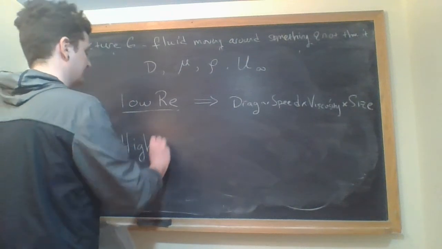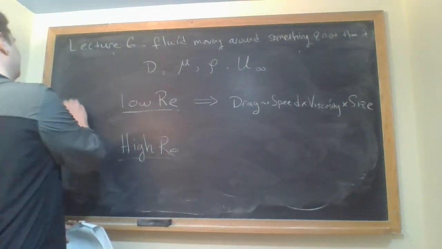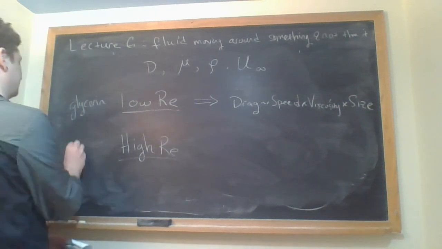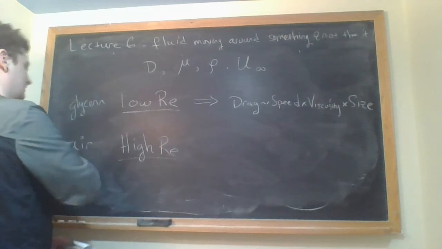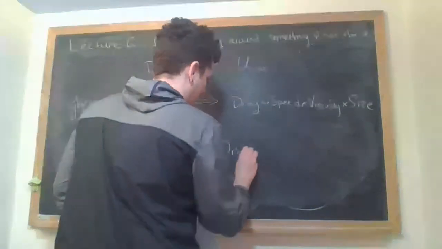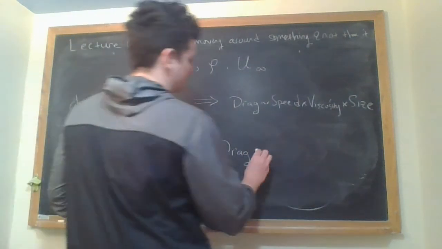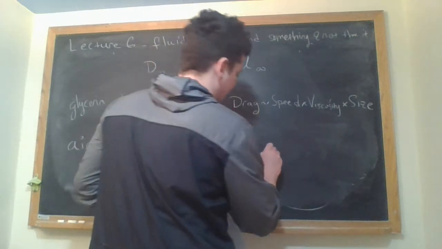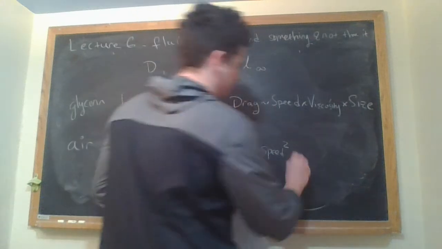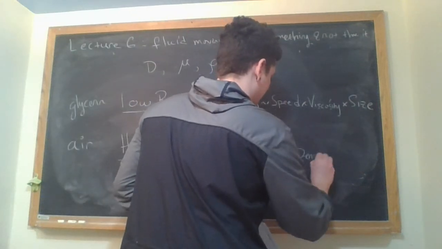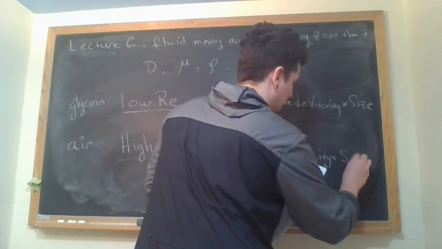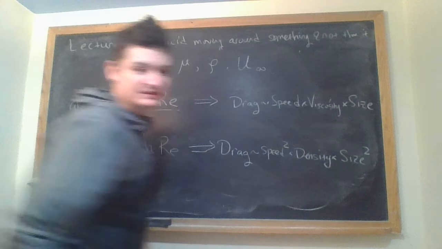And then in those other situations, think of this as the glycerin experiments, and think of this as those air experiments. This law you could derive based on looking at parameters is that the drag is proportional to speed squared times density times size squared.